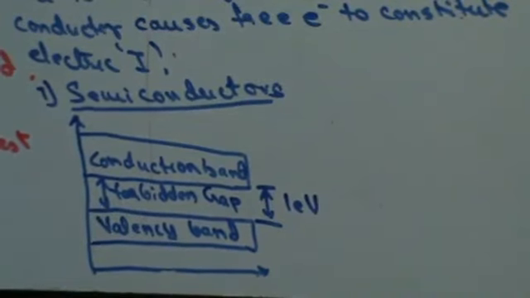The inner orbit of the nucleus as well as the valency electrons are all engaged in covalent bonding. Hence, the covalent bonds are extremely strong and there is no free electron, right? Now, the energy gap between the valency band and the conduction band is very large at 0 degree Kelvin, right?